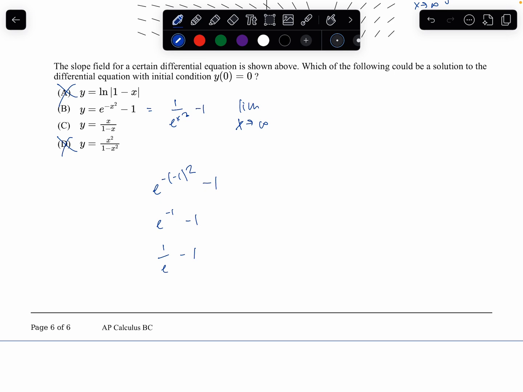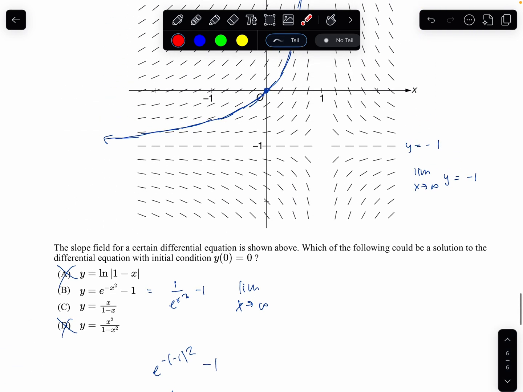I don't know what I just typed in. 1 divided by e minus 1 is equal to negative 0.6. I guess that could be close to it, but this right here will be -1/2, and I think that -1/2 is closer to a half. I really want to say this one. I'm going to go with C.